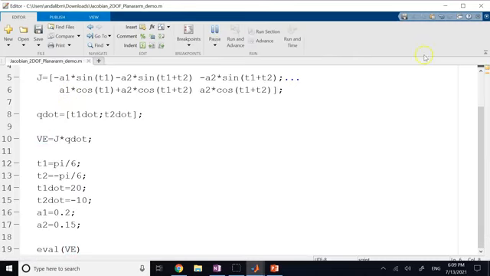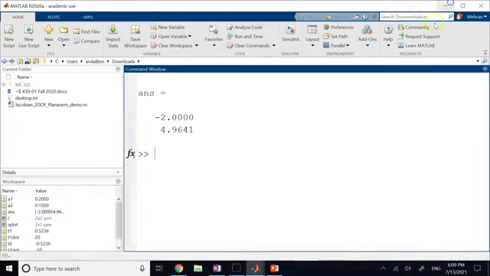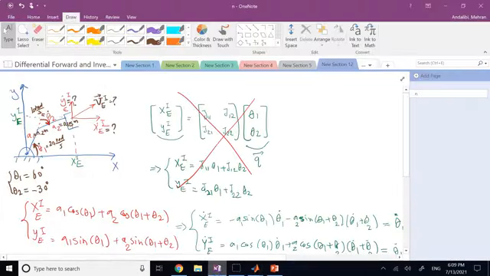Okay. This is the number. It says the speed of the end effector is negative 2i plus 4.96j, correct? So it says, based on what you said, your end effector at this moment should move something like this.